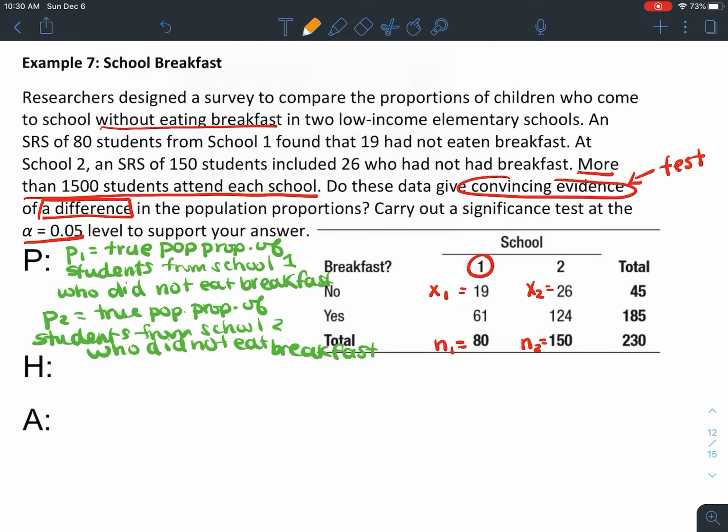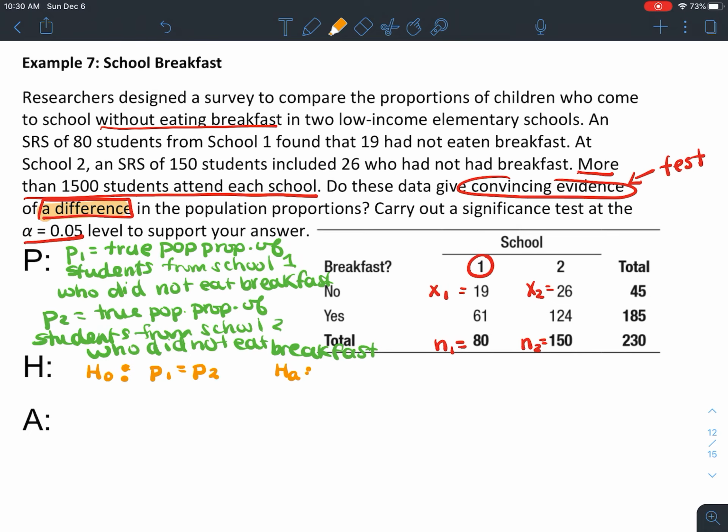Okay, the H is where we list what our hypotheses are, and we list the alpha level. Now remember, our null hypothesis is always a statement of equality. So we are going to assume that the true proportion of students who come to school not eating breakfast is actually the same for both of these schools.